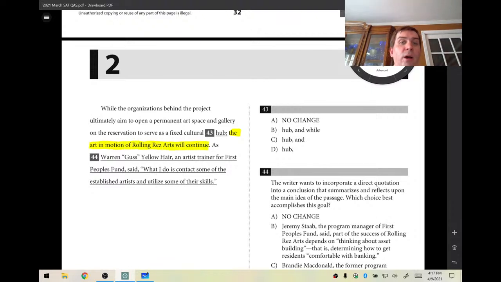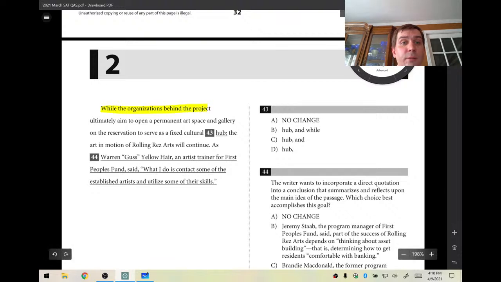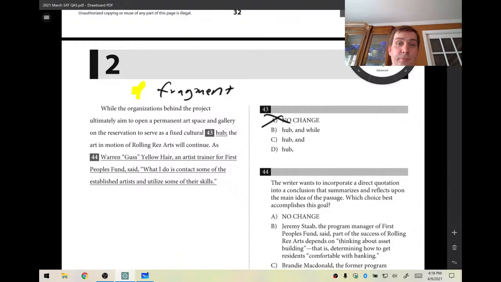Yes. However, is the first part of that a sentence? It has to be both. Let's read it. This has to be a complete thought for this to work. While the organizations behind the project ultimately aim to open a permanent art space and gallery on the reservation to serve as a fixed cultural hub. That's a fragment. So because we don't have two independent clauses, we can't use a semicolon. Just can't. It's out.